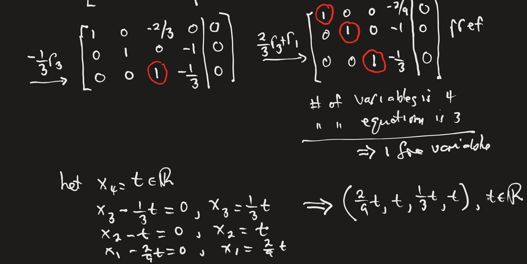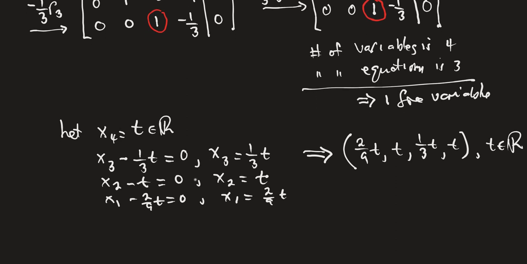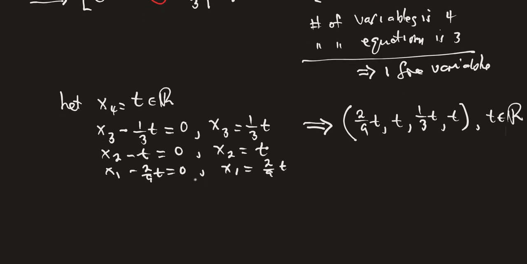And that's fine. Any real number that I choose for t and plug into this ordered quadruple will satisfy those three original equations. But we want our solutions to be a little bit more. Remember what we said, we want x1, x2, x3, x4 to be whole numbers, right? And in the application of chemistry, not only do we want them to be whole numbers, but we want them to have no common factors. So it's like we want the chemical equation to be expressed in its lowest terms with reduced coefficients, right?